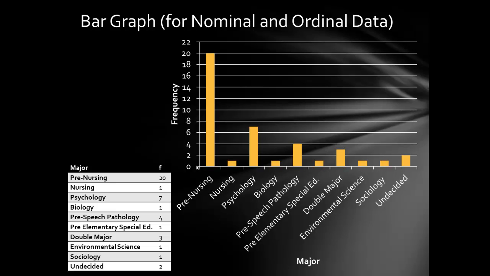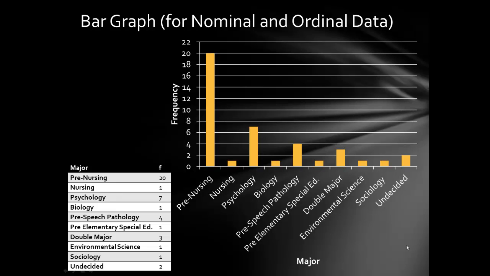Now, there are 3 different types of graphs, and the type of graph that you use depends on the scale of measurement for your data. So I mentioned earlier that major is a nominal variable. It's not numeric in nature. There's no meaningful order that you can place these in. So when you have nominal or ordinal data, you need to use a bar graph.